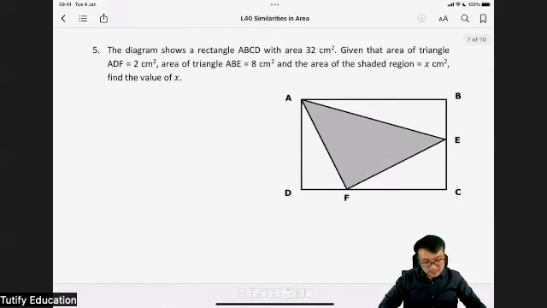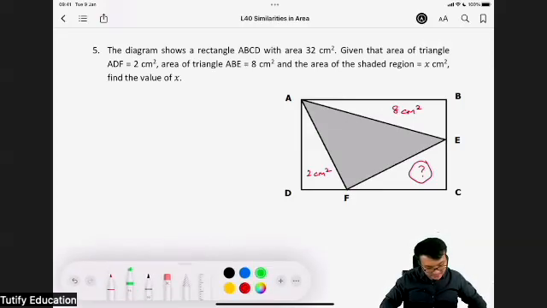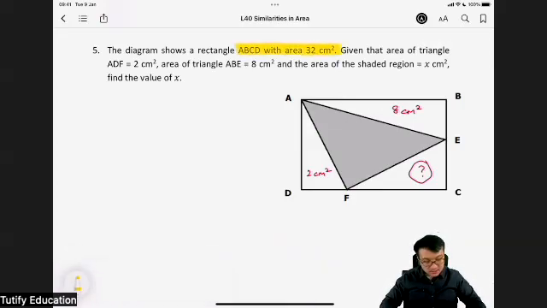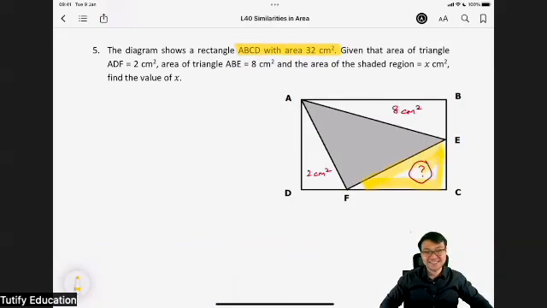They are telling us that this triangle has an area of 2 cm squared. This has an area of 8 cm squared. They did not tell us this one. If they had told us the area of this, it would be super easy, right? Because we already know that the entire area of the rectangle is 32. So if I know that the entire area is 32, I just need to minus 2, minus 8, and minus this. Then I can get the shaded area, right, Abby?